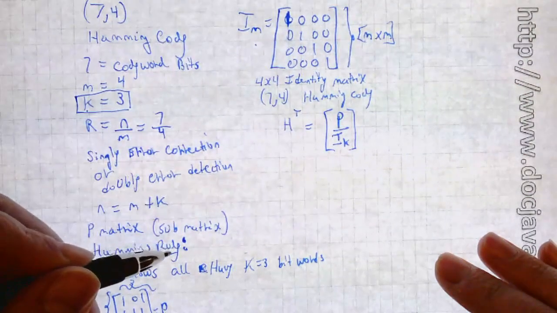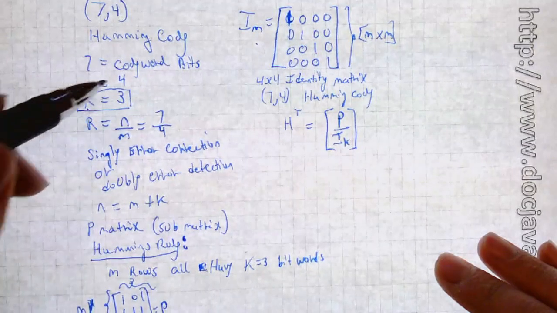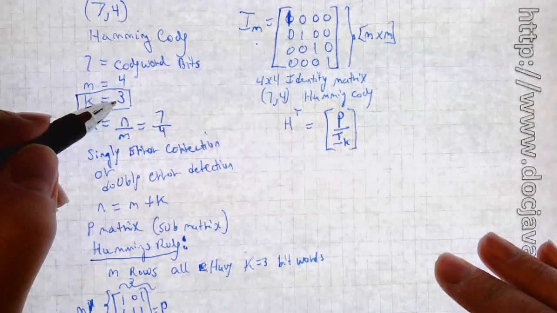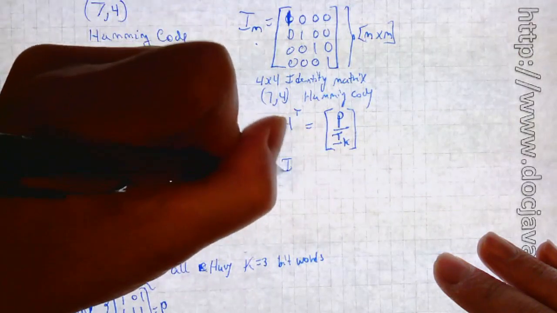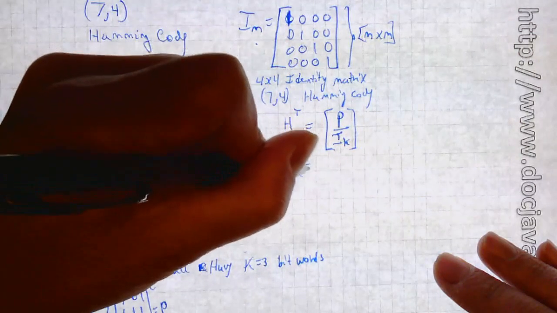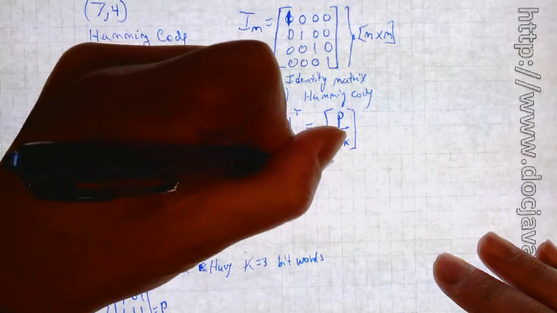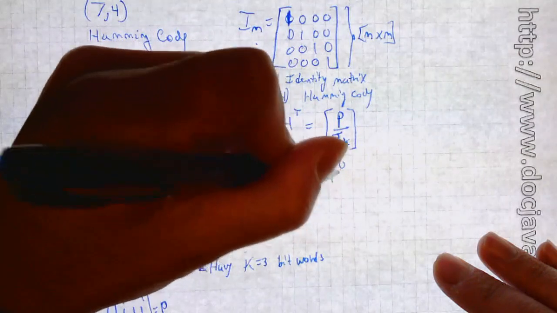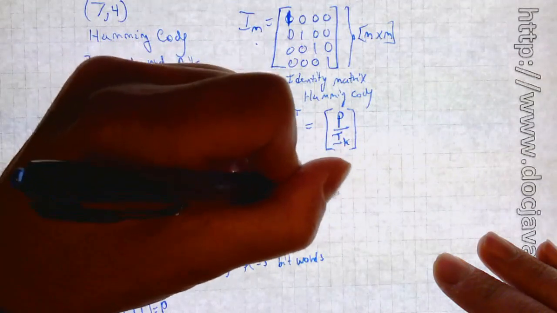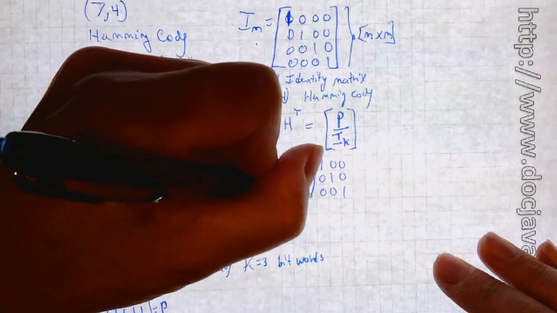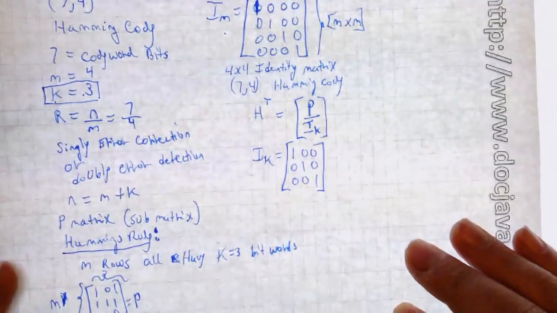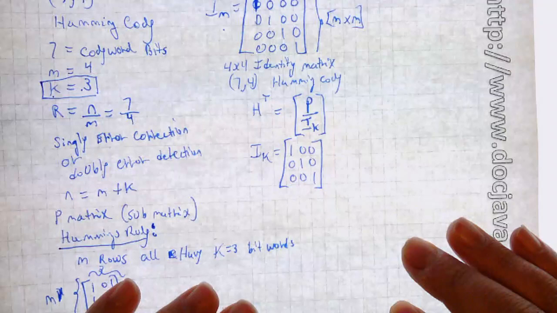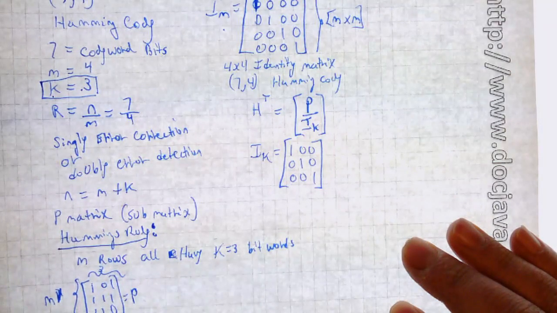An I sub K matrix is going to be K by K, or 3 by 3, an identity. So an I sub K matrix is another matrix, it's going to be 3 by 3. And now we have a way in which to formulate our new H transpose matrix.